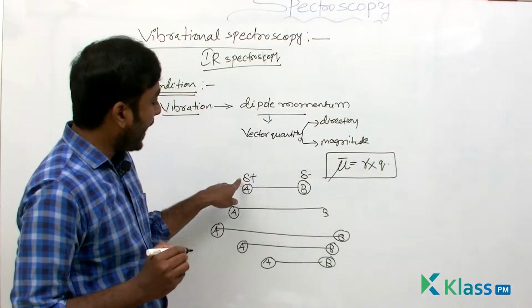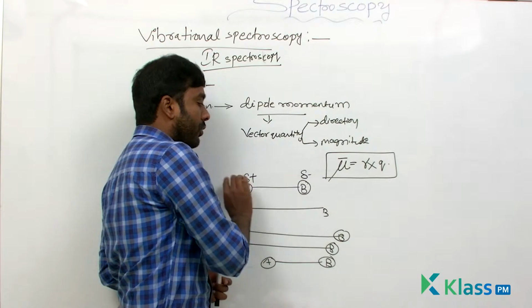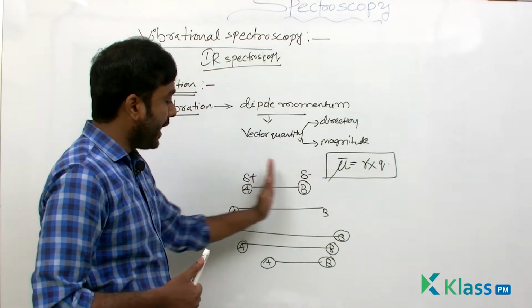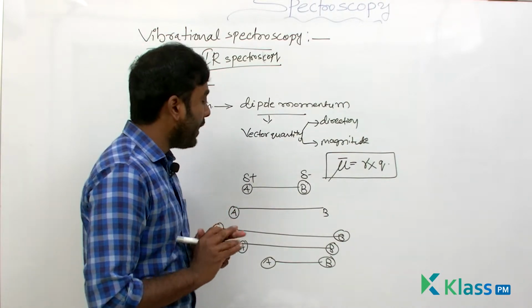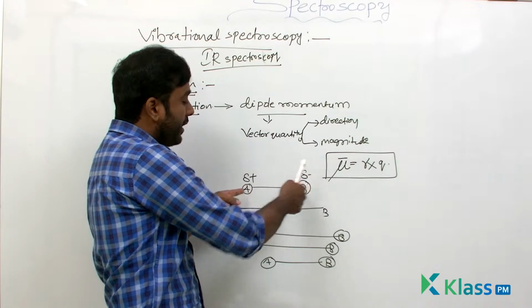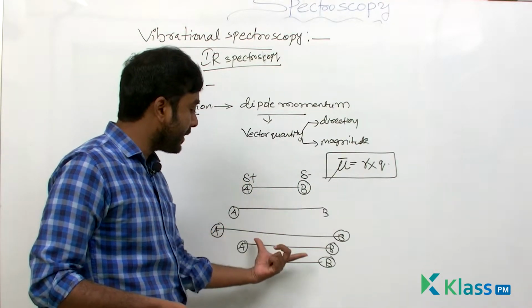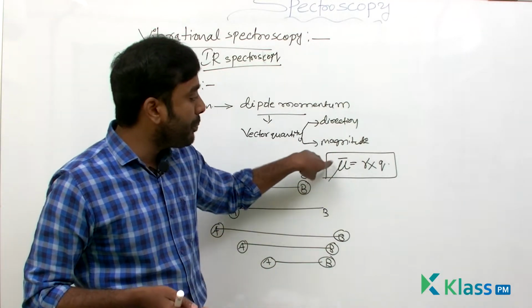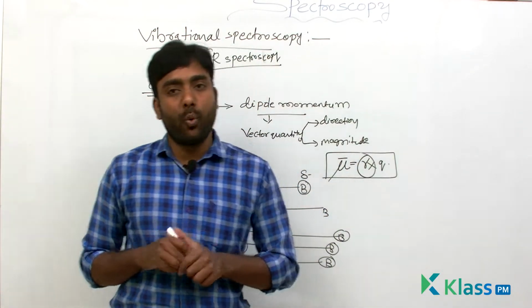Now here the magnitude is not changing. The same electron is going towards B because of the high electronegativity of B. Here the same number of electrons, same charge transfer, but the change is in what? The distance between these two atoms has been changing, increasing, again decreasing. So here the magnitude mu bar is changing because of the change in distance between two atoms.